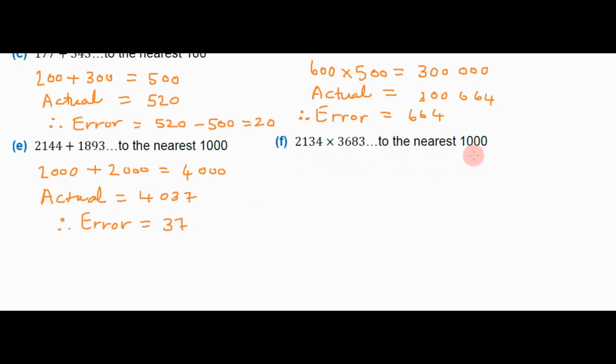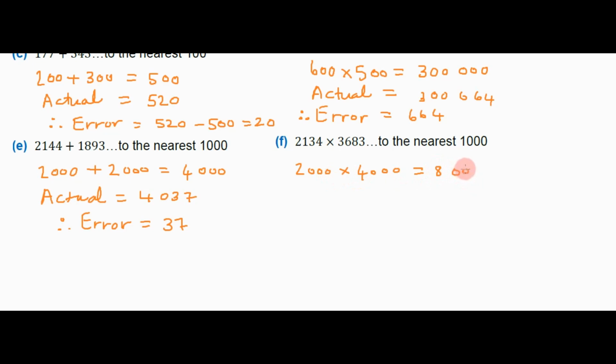We have to round to the nearest thousand again. So it's 2,000. 3,683 is closer to 4,000 than it is to 3,000. So we round up to 4,000. 2 times 4, of course, is 8.